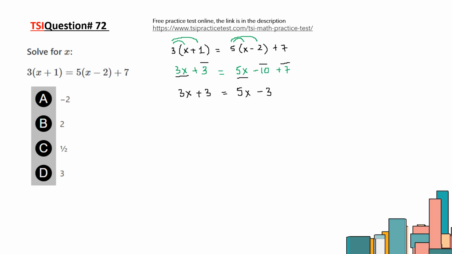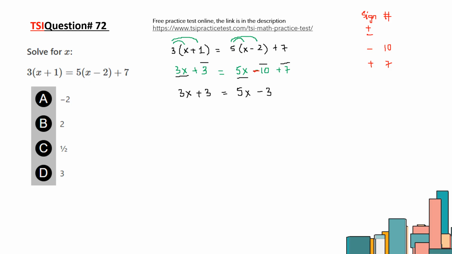Remember when you're adding two numbers, and this one is negative and this one is positive, you have to think which number is bigger, 10 or 7. Because 10 is bigger, the result will take the sign of the bigger number. Any number has a sign in front of it, positive or negative, and then the number. For example, here we have negative 10, then we have positive 7.